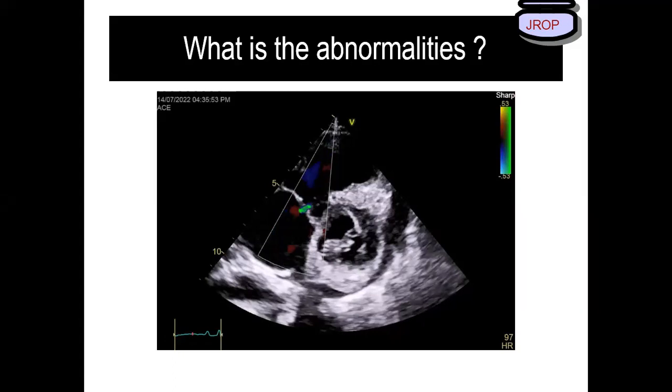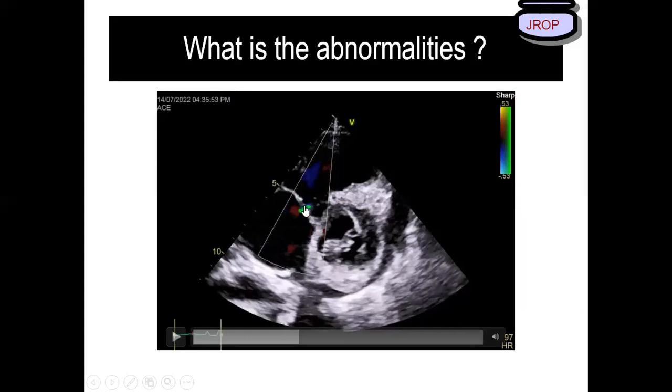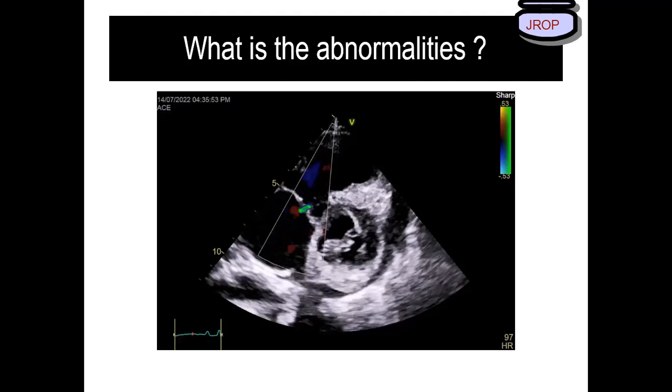Yes, you can say moderate because the vena contracta width is less than 3 for mild, 3 to 7 for moderate, and more than 7 is severe. Then one more figure: 14 is torrential and 28 is massive.